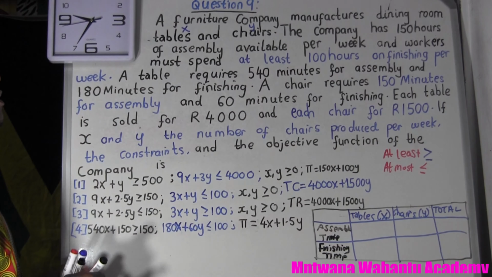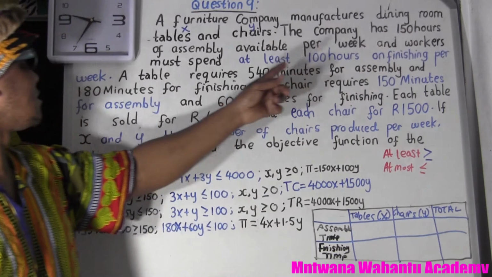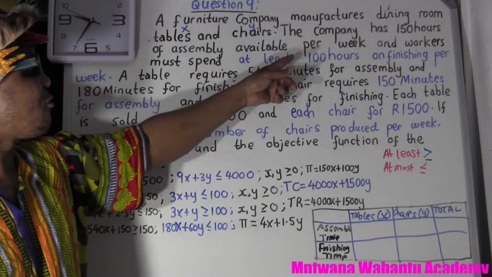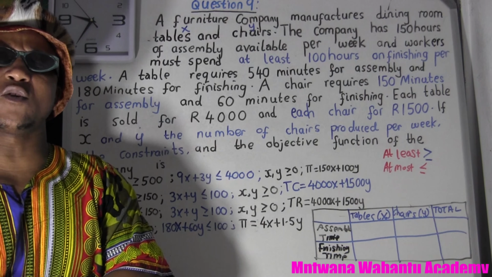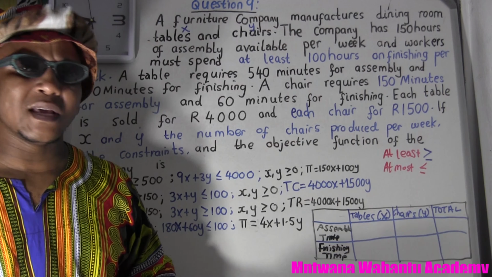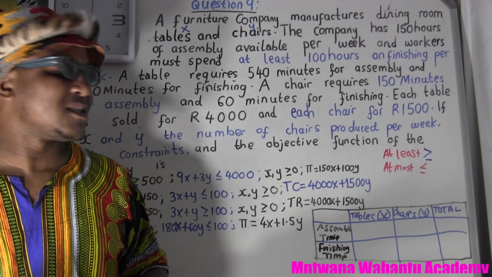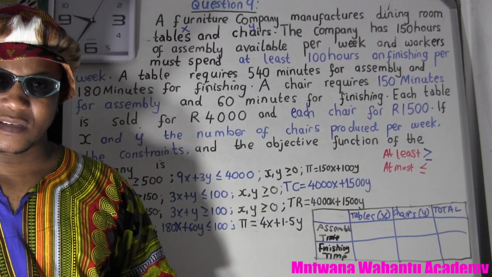Now they mention the company has 150 hours of assembly available per week. What does that mean? Is it at most or at least? If somebody says there are only 150 hours available, that means you cannot do more than 150 hours.